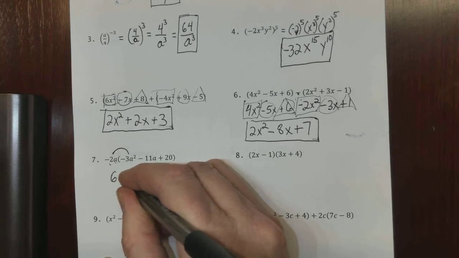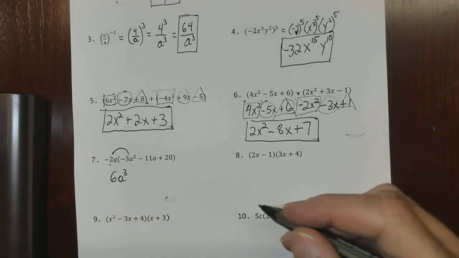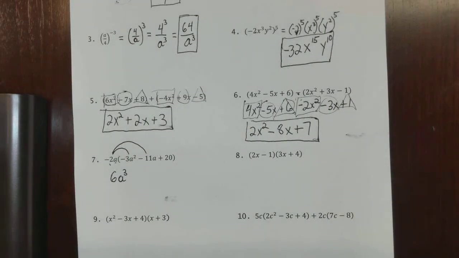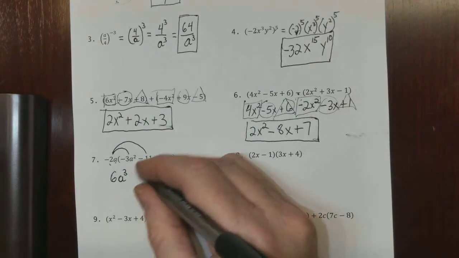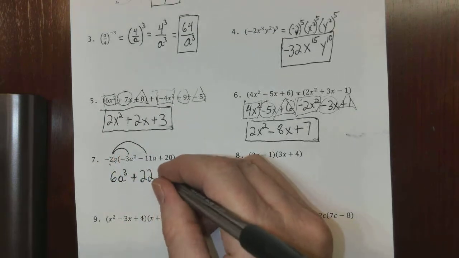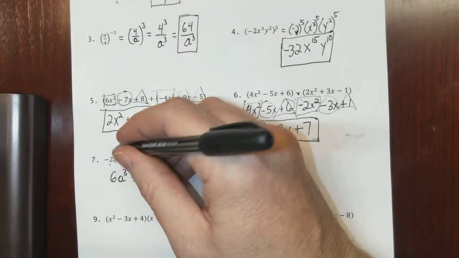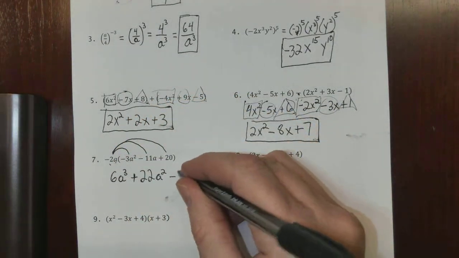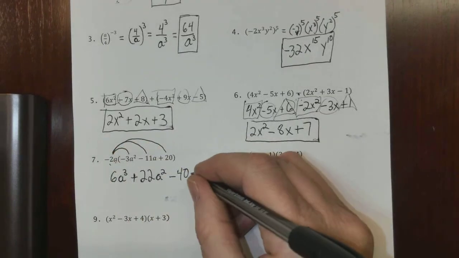A times a to the second is a to the third. Negative 2a times negative 11a. Negative 2 times negative 11 is positive 22. A times a is a to the second. And then negative 2a times 20. Negative 2 times 20 is negative 40. And then you still have that a.